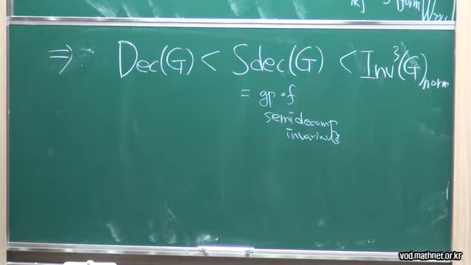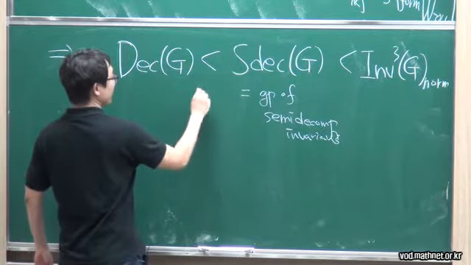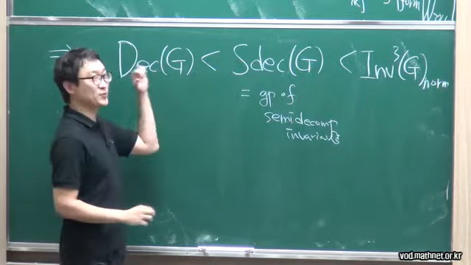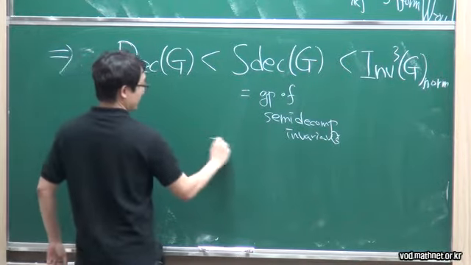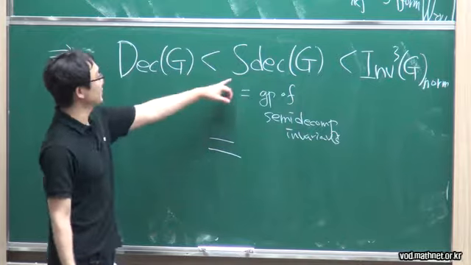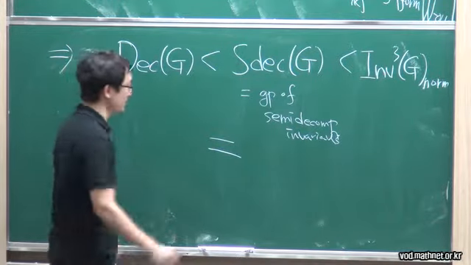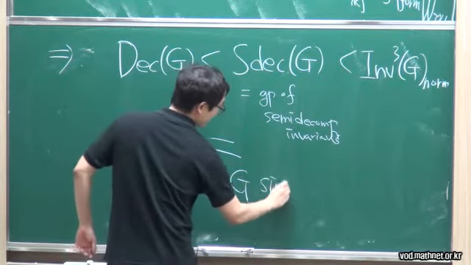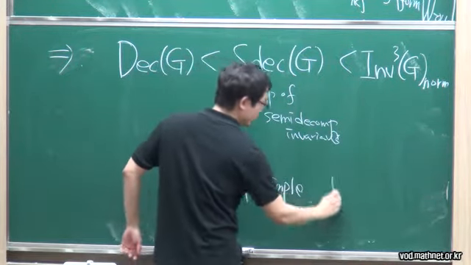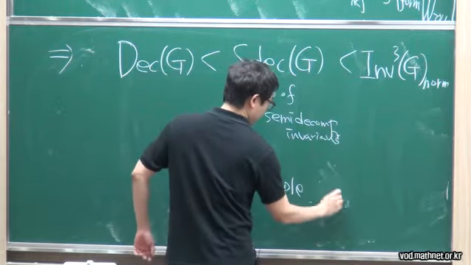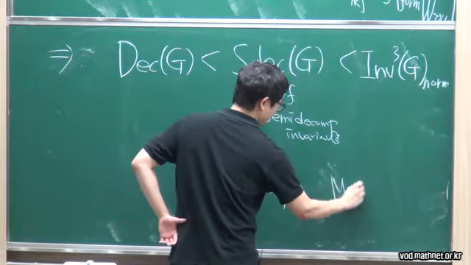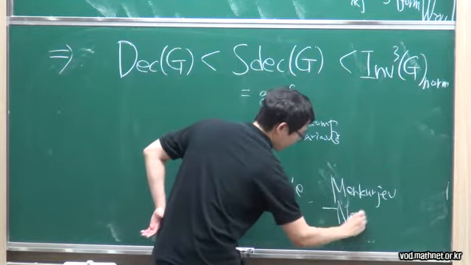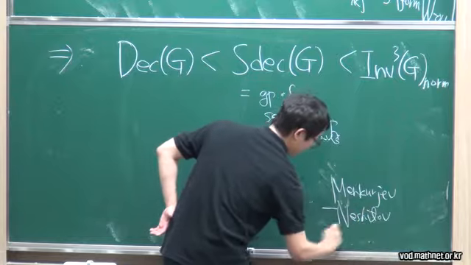And in general, if G is semi-simple, G is simple, then it's known that any semi-decomposable invariance is decomposable if G is a simple group. So this is due to Merkurjev, Neshitov, and now Zhykhovich.